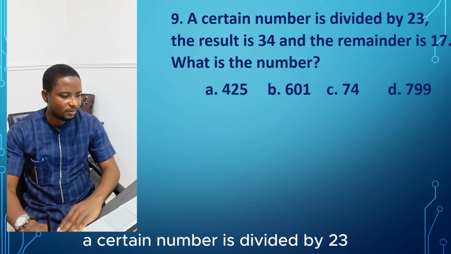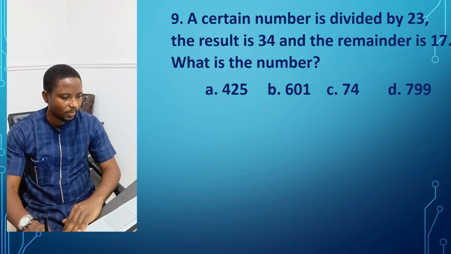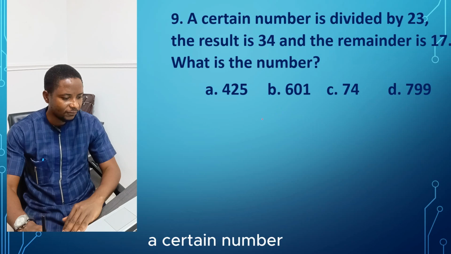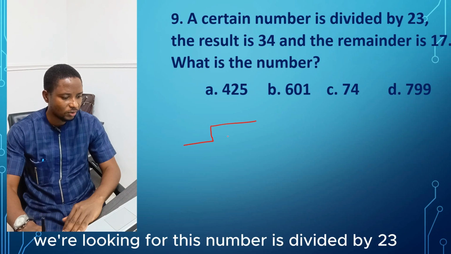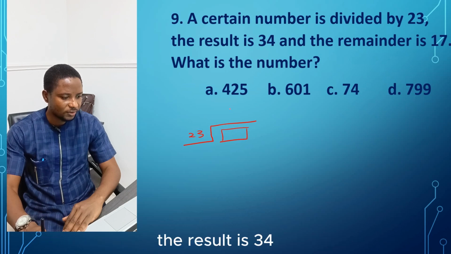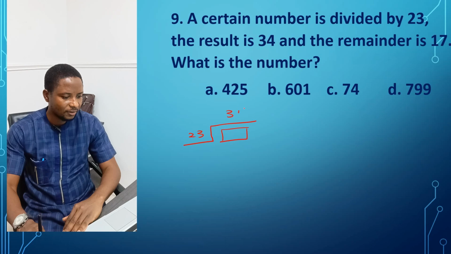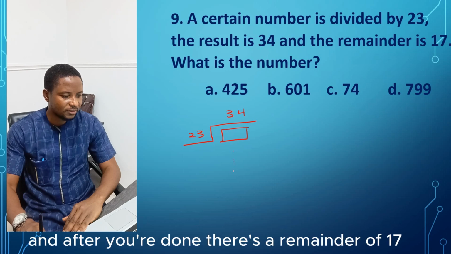A certain number is divided by 23. The result is 34. A certain number, let me just give you a clear picture of it. We're looking for this number, which is divided by 23. The result is 34. And after you're done, there's a remainder of 17.